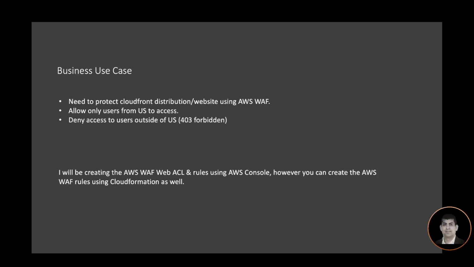Allow only users from US to access the website and then deny access to users outside of US by returning back a 403 forbidden response. I'll be creating the AWS WAF web ACL and rules using the AWS console. However, you can create the AWS WAF rules using CloudFormation as well.